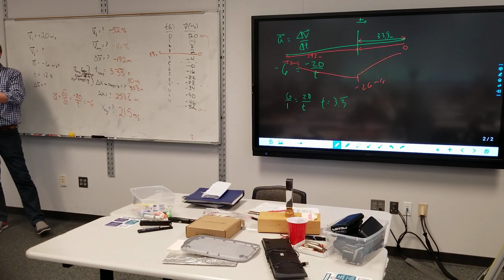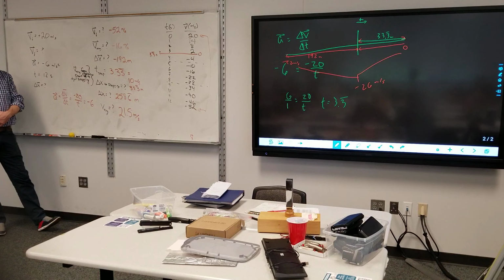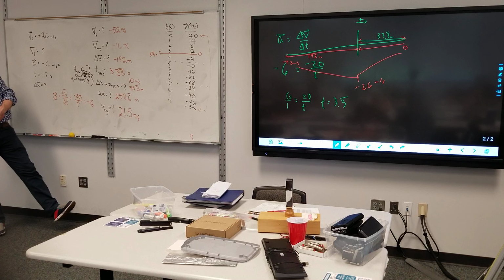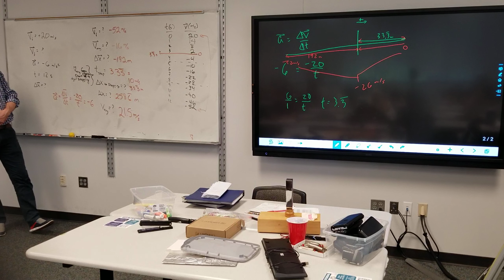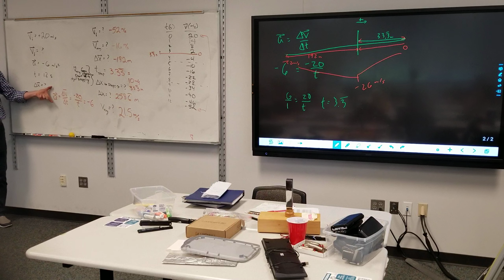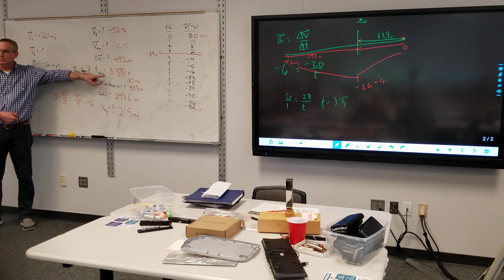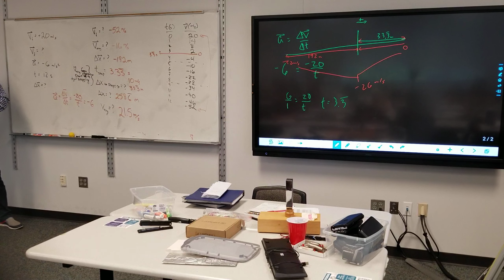Other questions? Yes, I thought Elizabeth. The negative 6 would be in place of the t? The negative 6 is acceleration. If I'm plugging into this formula right here, it is in place of a. I'm trying to find time. Now, mathematically, if I've got 20 over t equals 6, I can stick anything over 1. If I have two fractions equal to each other, I can move stuff along the diagonal without any loss of math.